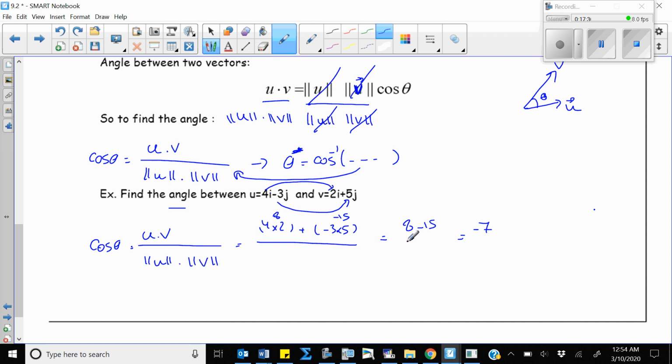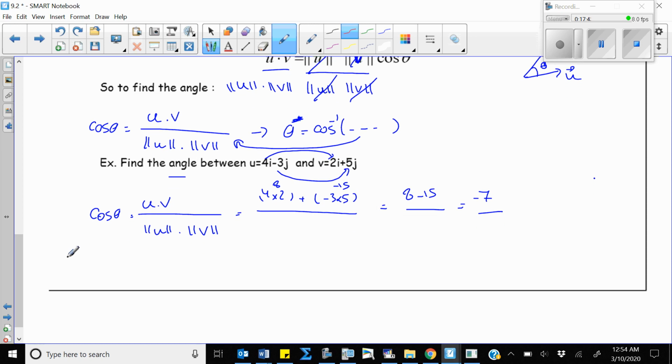So that's the top of this fraction. Now for the bottom, we need to find magnitude of u and magnitude of v. Magnitude of u, if you remember, we can find it using this formula, a squared plus b squared under radical. So it will be 4 squared plus negative 3 squared, 16 plus 9, which is 25, it's equal to 5.